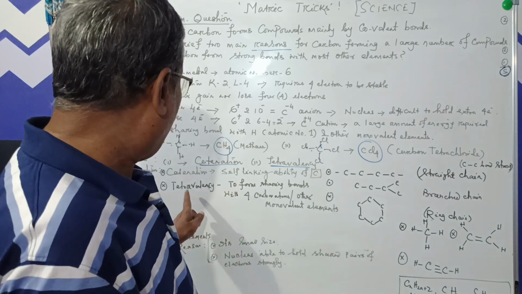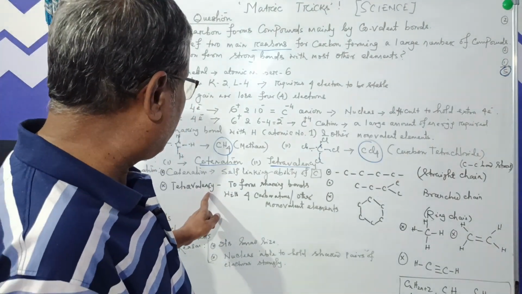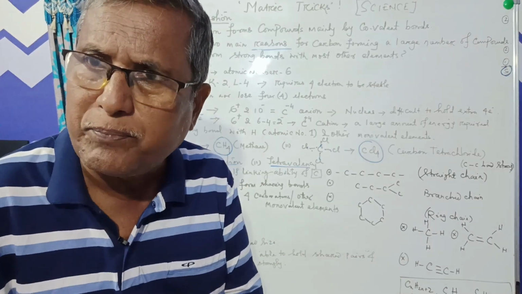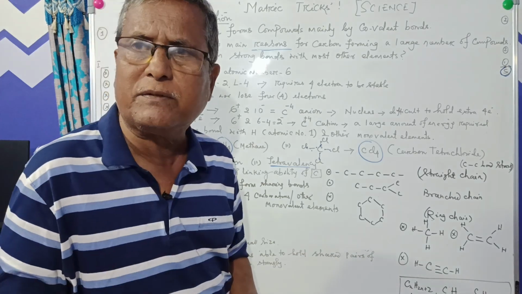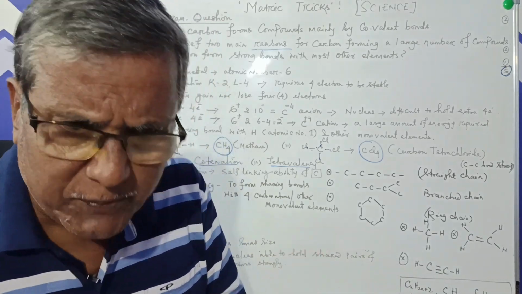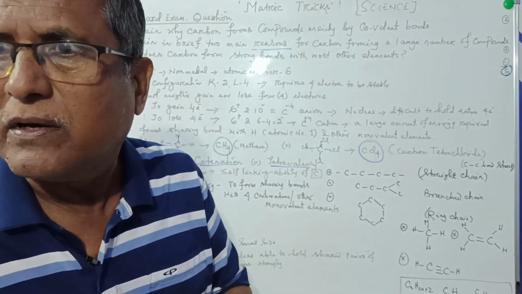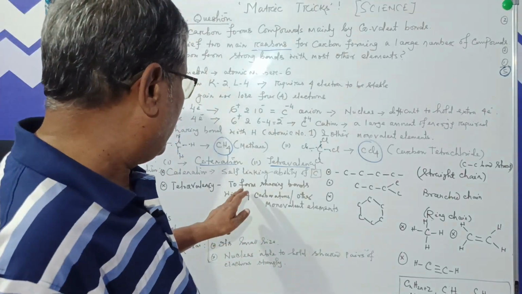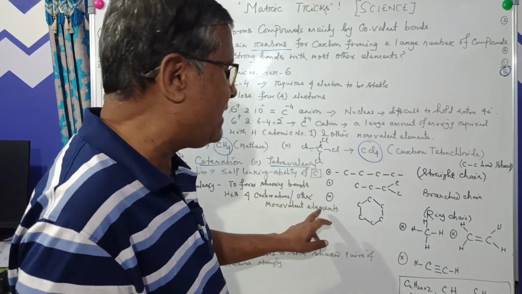And another reason is tetravalency. Carbon has valency 4. It means its outer orbit contains 4 electrons, and it requires 4 electrons to attain the configuration of a noble gas, to be stable. To form sharing bonds with 4 carbon atoms or other monovalent elements.